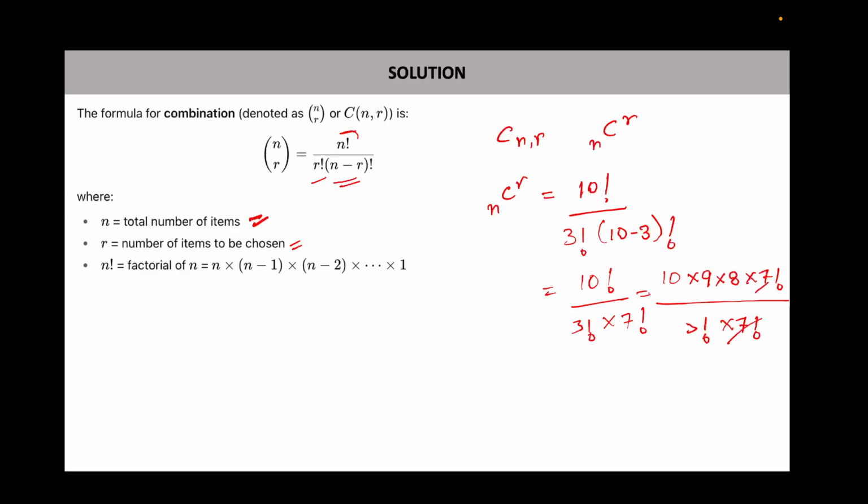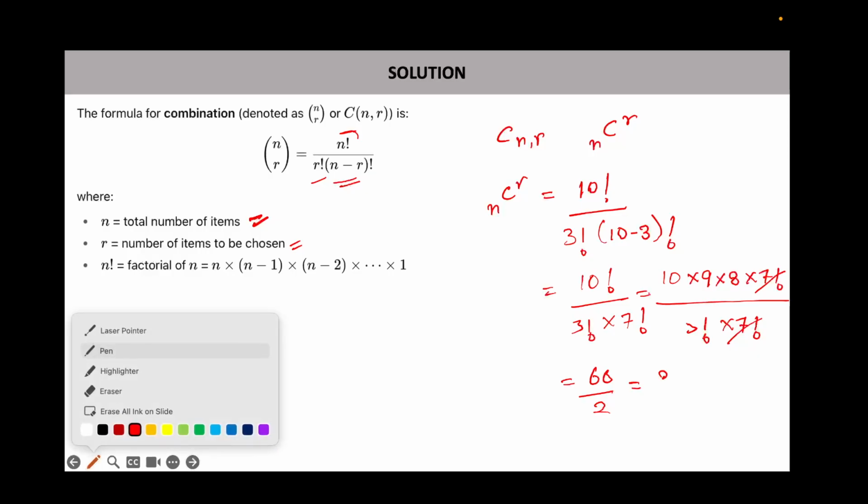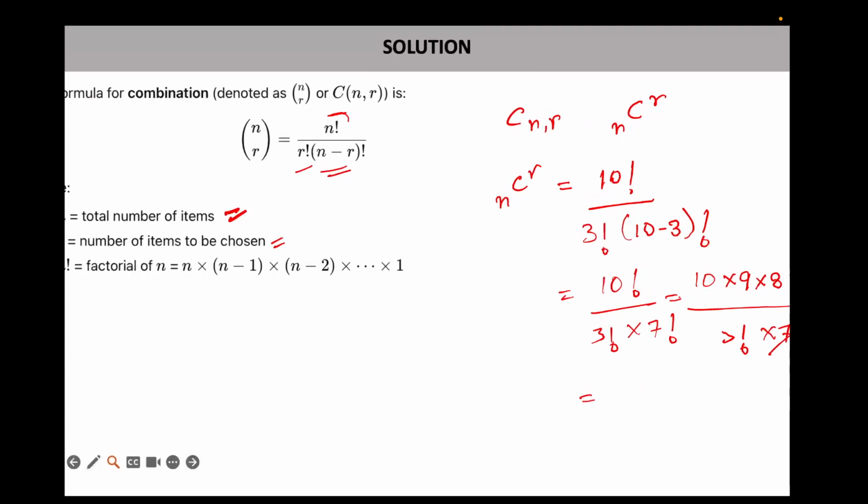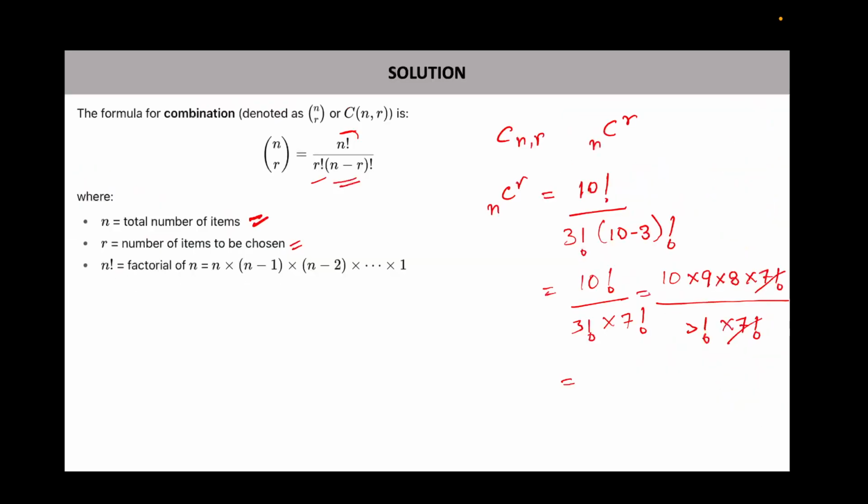You can cut the 7 factorial, and simplifying, the total won't be 60 here. The total will be 720. 720 divided by 6 will come down to 120.